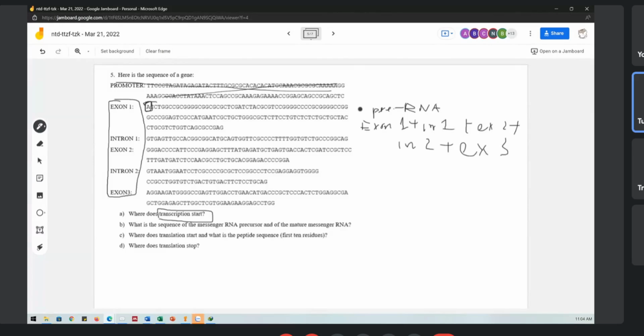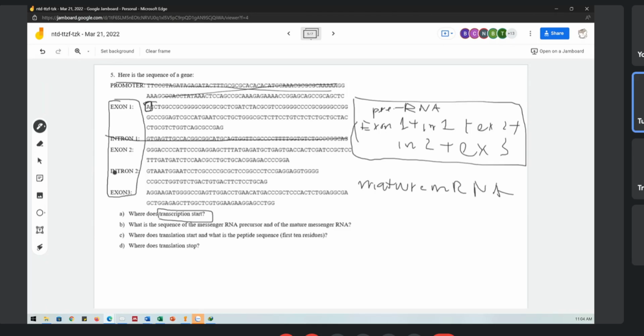Okay, so pre-mRNA, we have everything except the promoter. Okay, so with the mature mRNA, that means that you have to exclude the introns. Don't count the introns in. So the mature one will be only the exons.